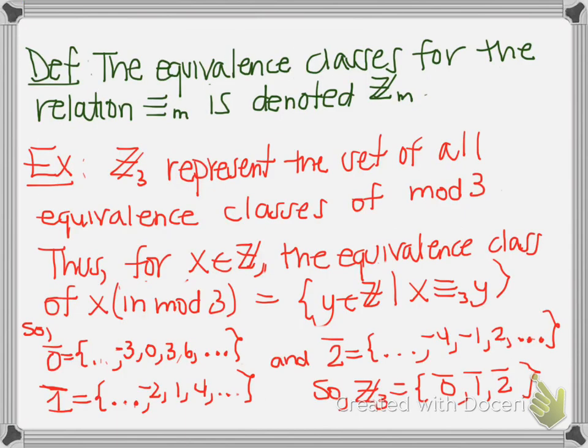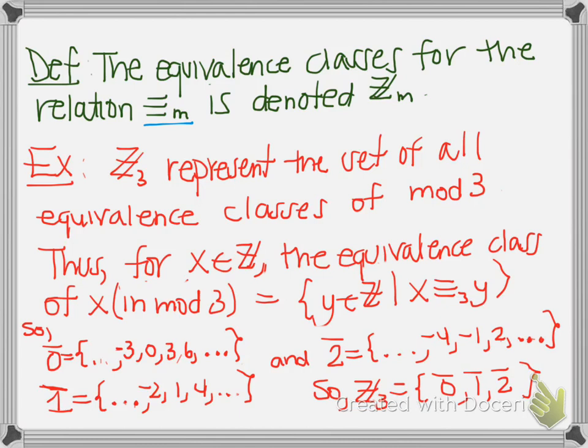Okay, good. So again, you can stop the video and write this down, because I'm just going to go over this rather quickly. Now, we already know what equivalence classes are. The definition: the set of equivalence classes for the relation congruent modulo m is denoted by Z sub m.